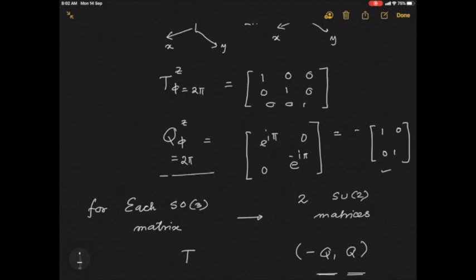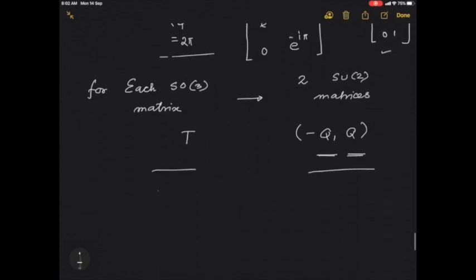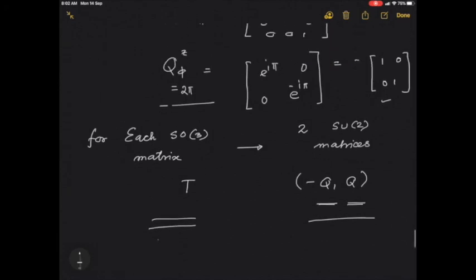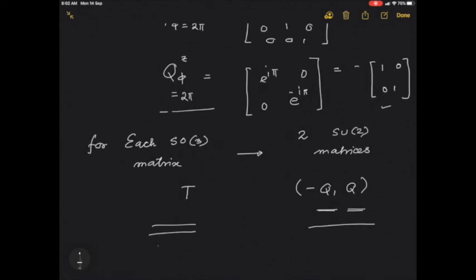What if when I do a 2 pi rotation with SU2, it actually gives a different state of the system? Well, in terms of SO3, it cannot give a different representation of the system. But in terms of SU2, there is a chance that it can have a different representation of the system.